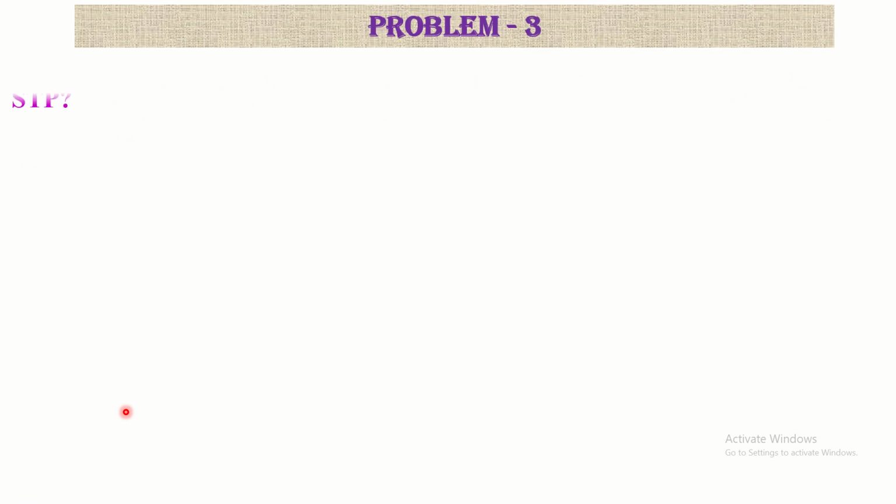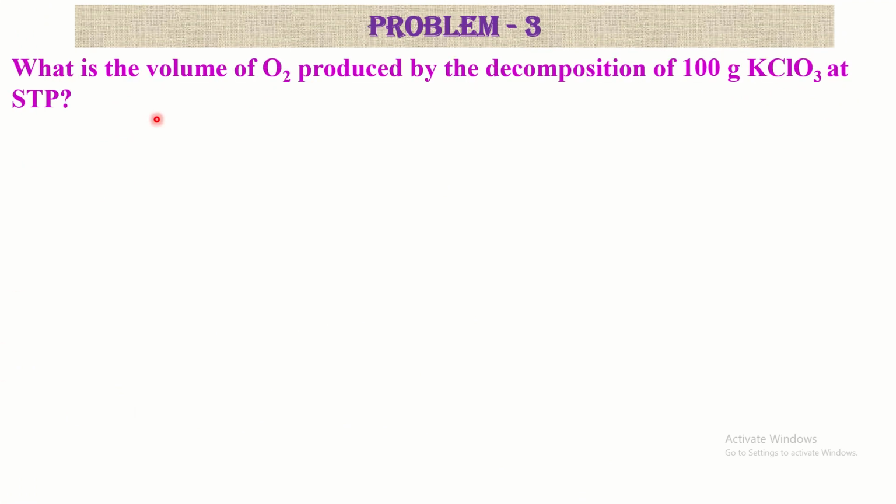Now, problem 3. What is the volume of oxygen produced by the decomposition of 100 gram potassium chlorate at STP? Here, the reaction is the decomposition of potassium chlorate, and the amount of potassium chlorate is given as 100 gram.